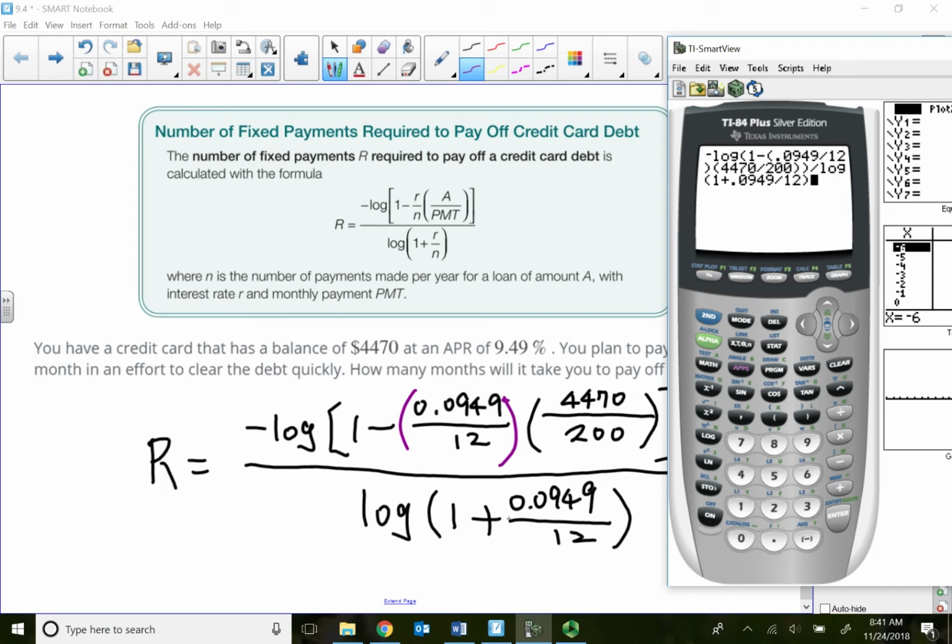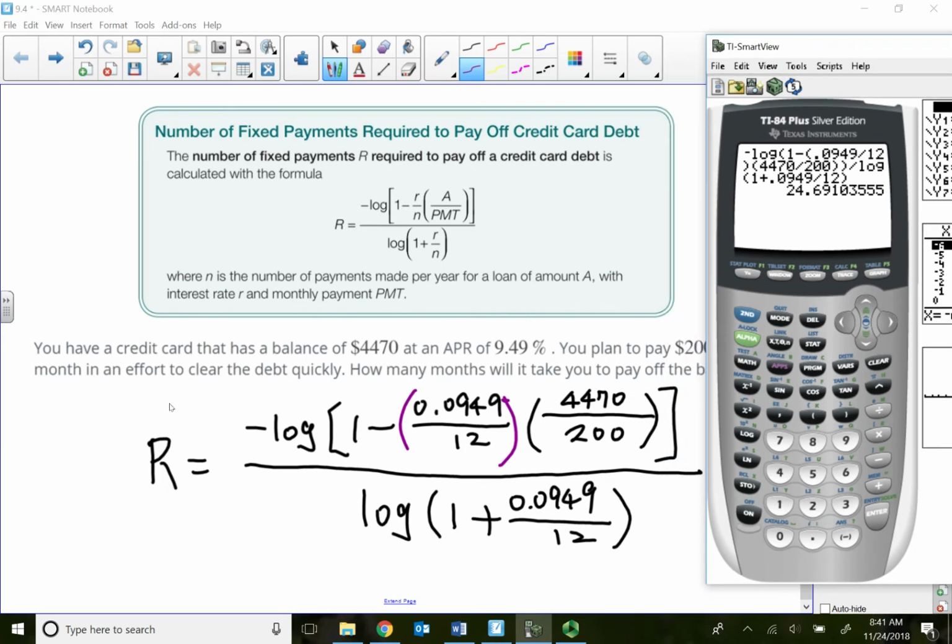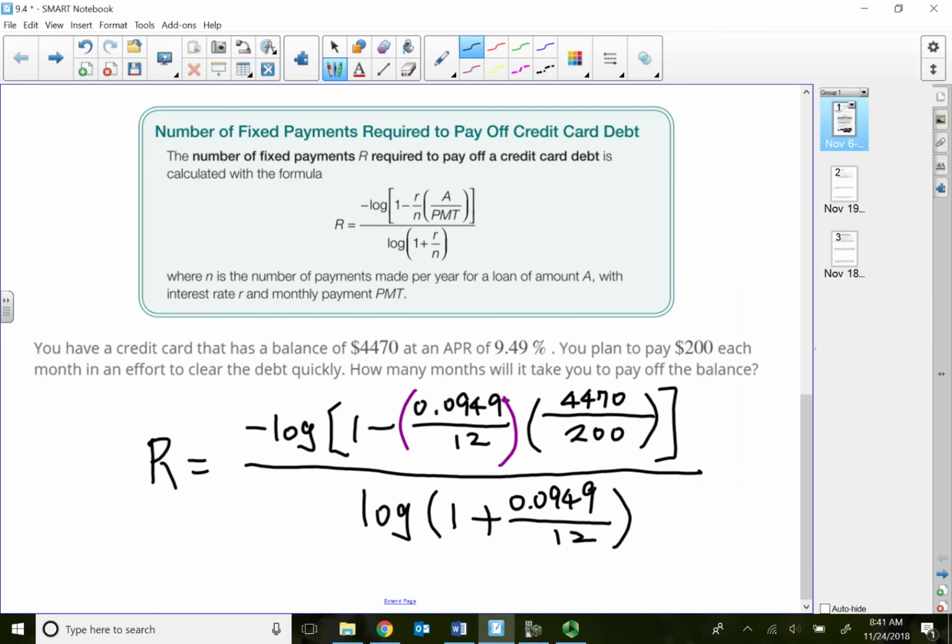The calculator does it automatically. It's about 24.69, so rounding up, that will take about 25 months to pay it off.